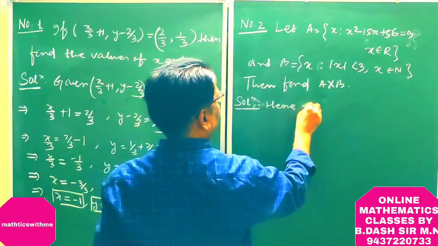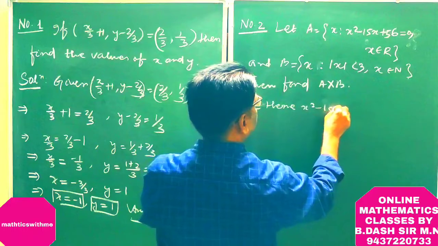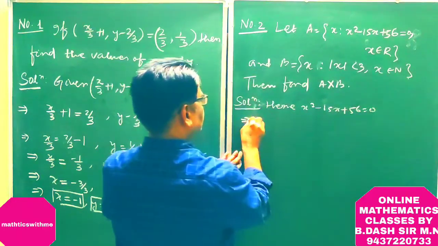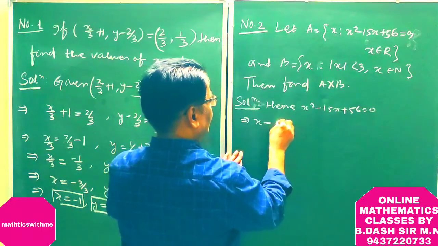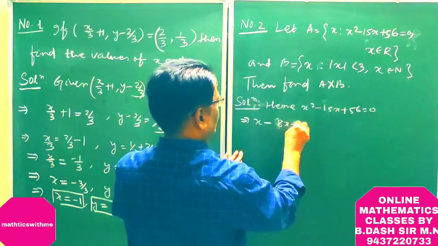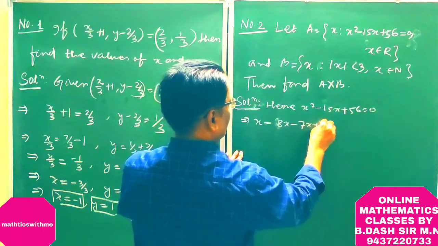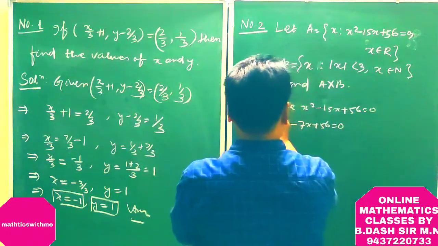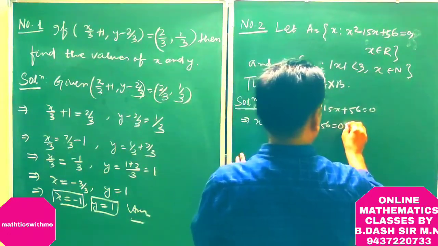Here x square minus 15x plus 56 is equal to 0. This implies x square minus 8x minus 7x plus 56 is equal to 0.